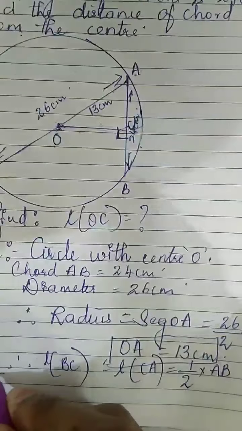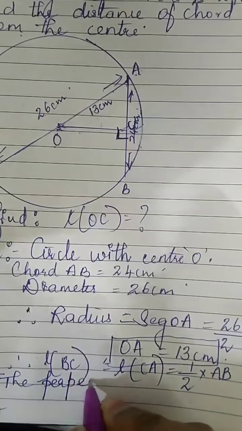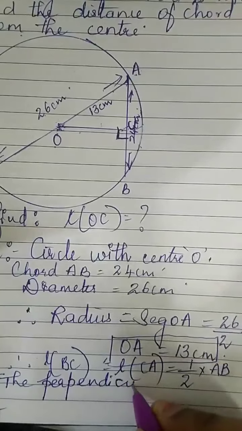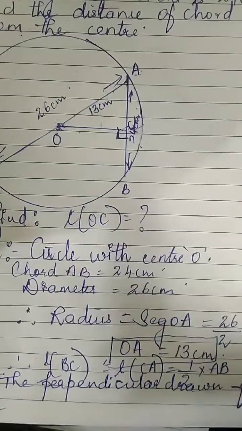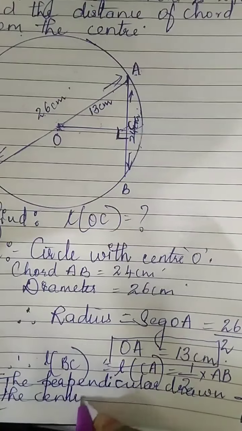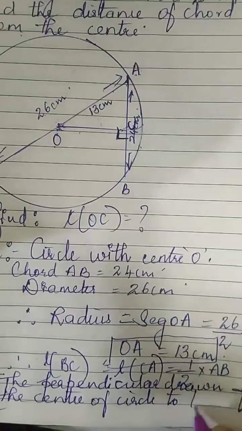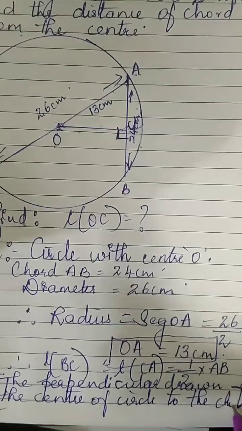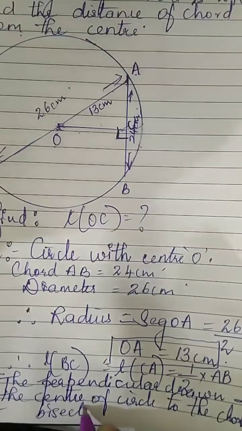So reason is important. The perpendicular drawn from the center of the circle to the chord bisects the chord.